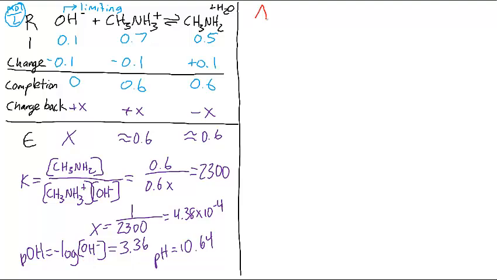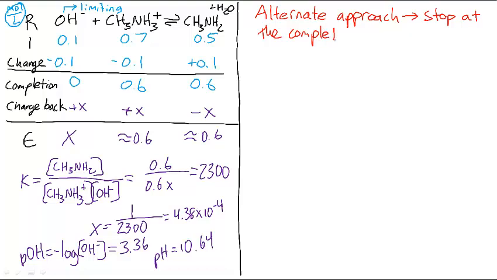So an alternate approach is to stop at the completion step. Because I still have a buffer solution at that point. I still have a weak acid, weak base conjugate pair. So at that point, I could just apply the Henderson-Hasselbalch equation, HH equation.